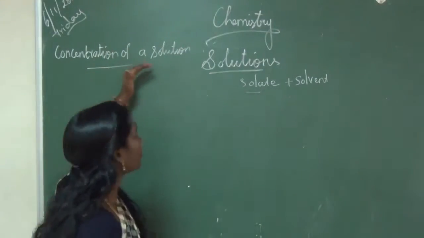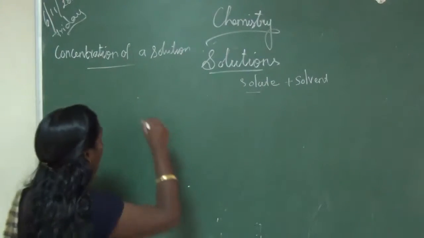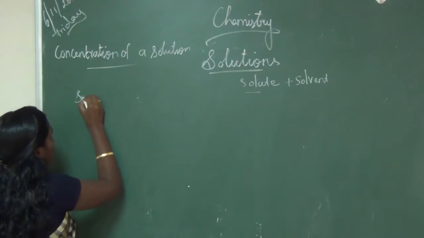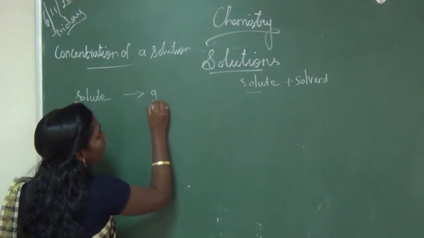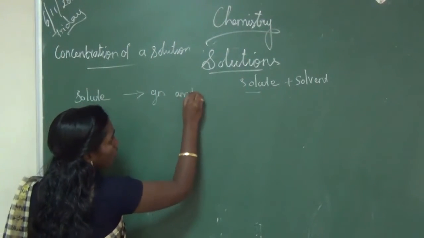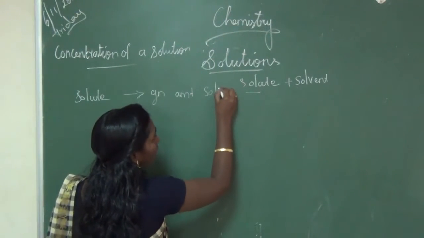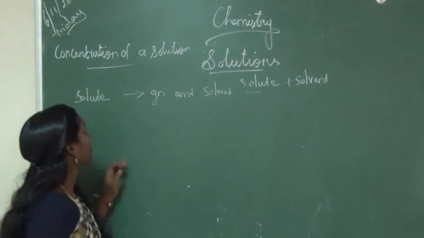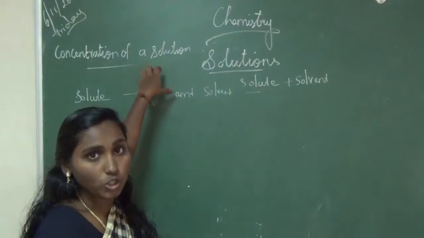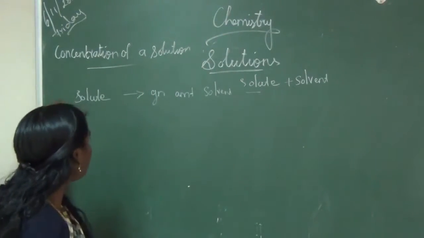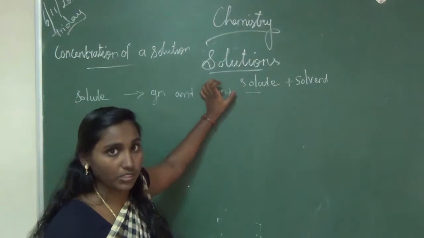So concentration of a solution is defined as the amount of solute present in a given amount of solvent or solution. That is called the concentration of a solution, okay?